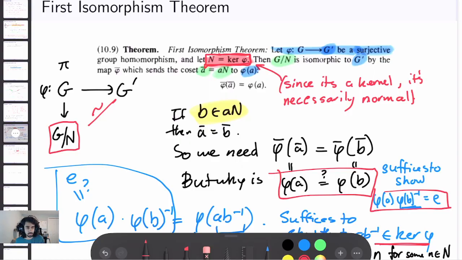Now, this doesn't cover every group homomorphism. This only covers surjective group homomorphisms. But as was mentioned, I believe this was by Goose, this is not such a problem, right?